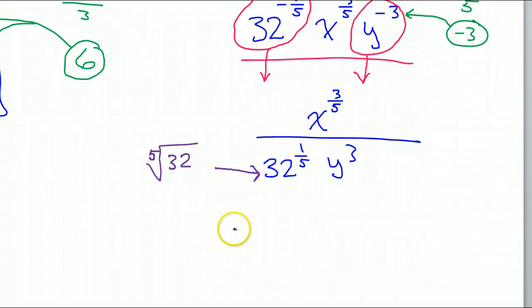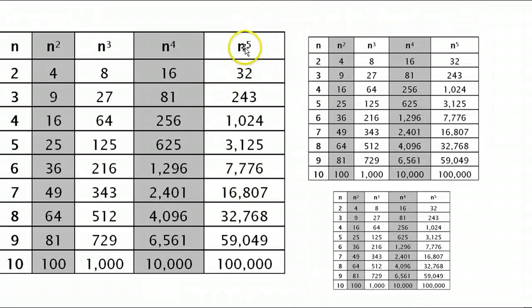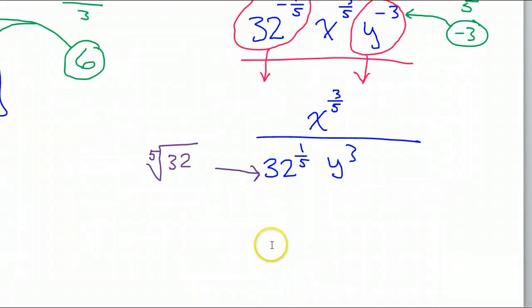So let's look at the table for the 5th root of 32. Okay, 5th root of 32 is 2. Okay, so that's why this entire thing is just 2.